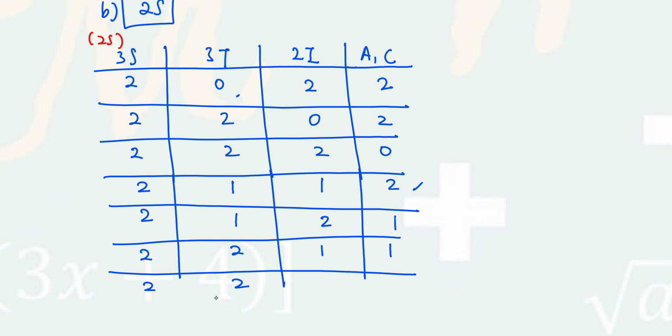If here is 2, 1 1 is already considered, so now here I will have to consider 3. When here is 3, here might be 0, this is 1.